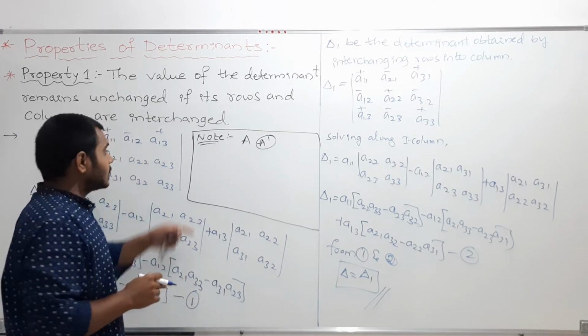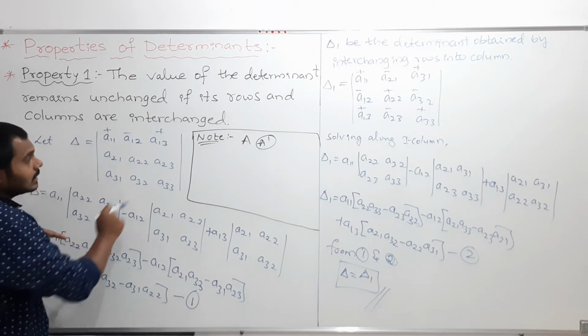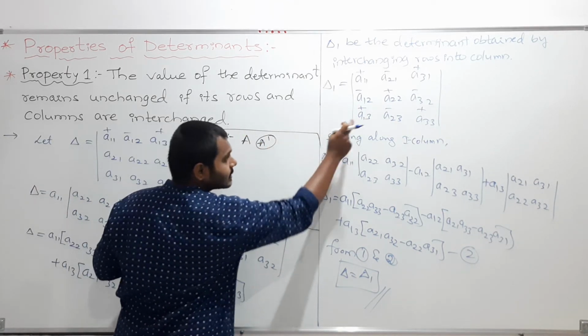Clear? Yes, the same thing I did here. If you consider this as one square matrix, then delta 1 is nothing but the transpose of this.